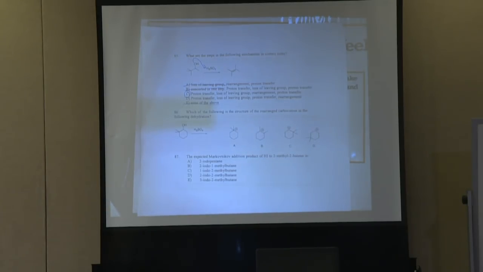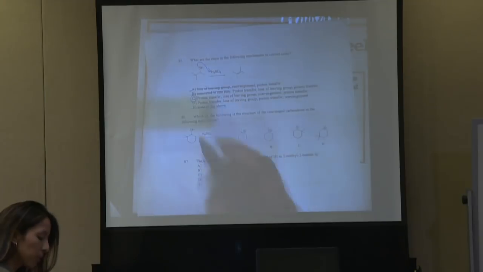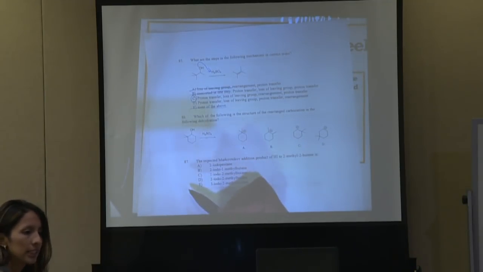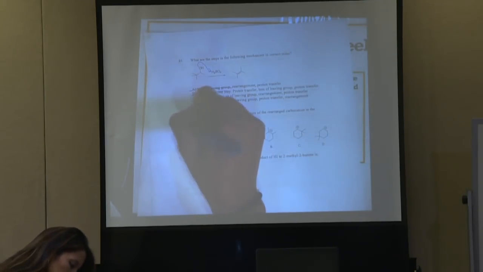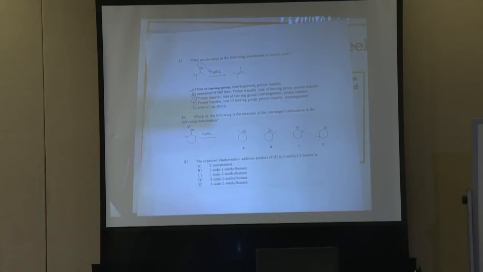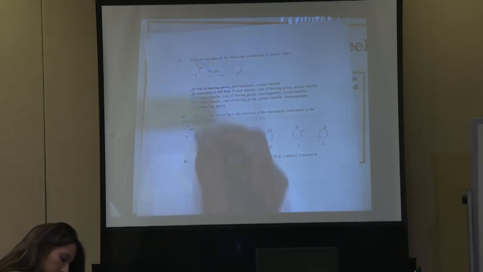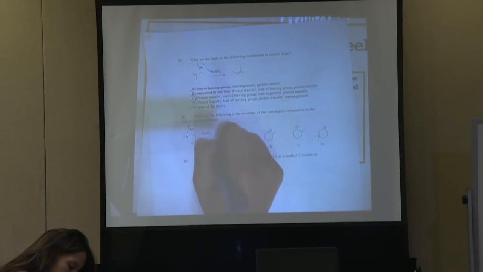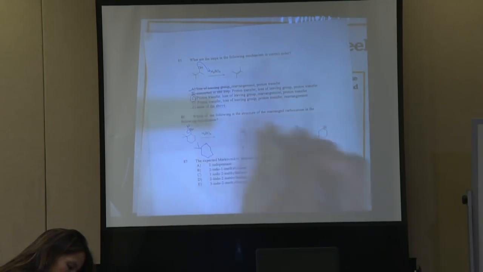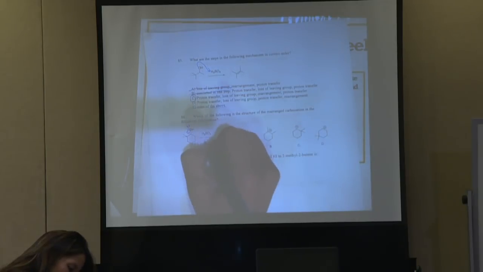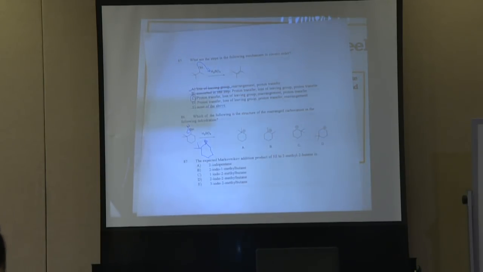So again, what's happening? The first step that happens in this reaction, what is it? Proton transfer. So that makes this a good leaving group. Now what? Loss of leaving group. So this is going to leave, and you have a carbocation here.